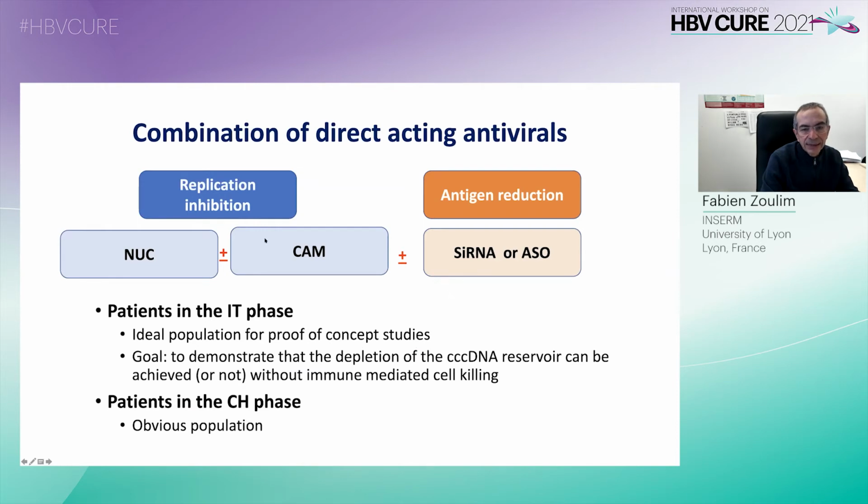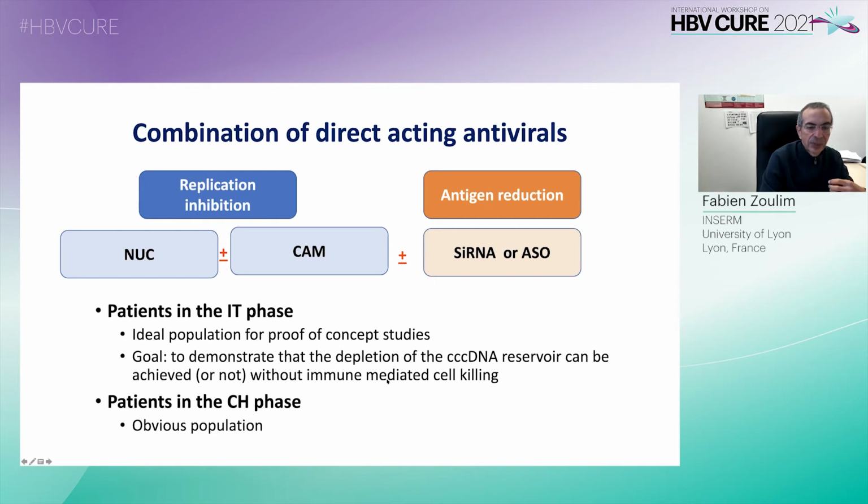And in that situation, I think that one ideal population for a proof of concept study, it's not for a registration trial, but a proof of concept study, would be patients in the so-called immune tolerant phase, where the goal would be to demonstrate whether the depletion of the cccDNA reservoir can be achieved without immune-mediated hepatocyte killing.